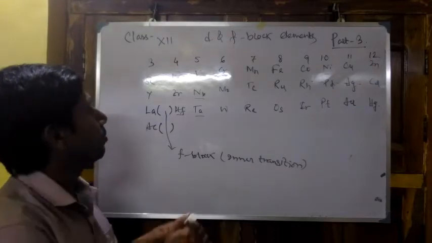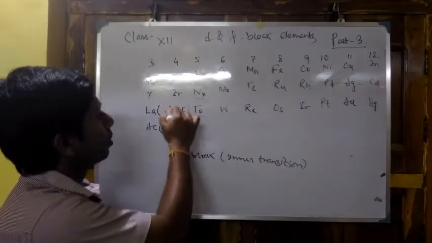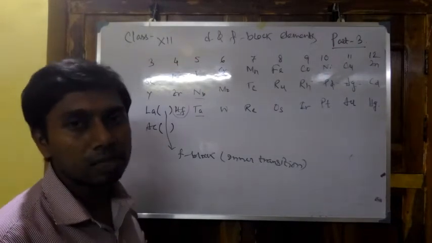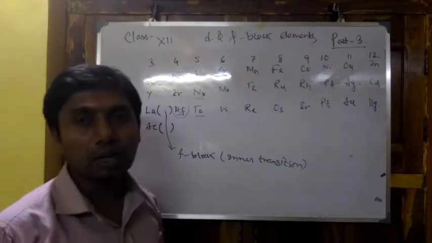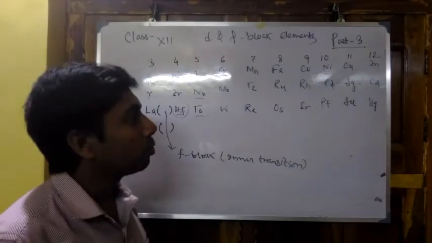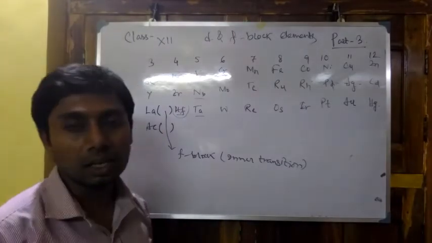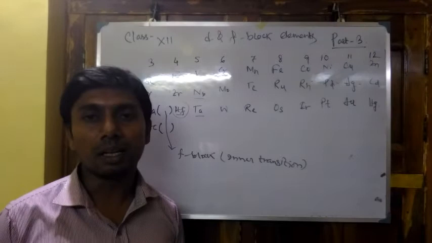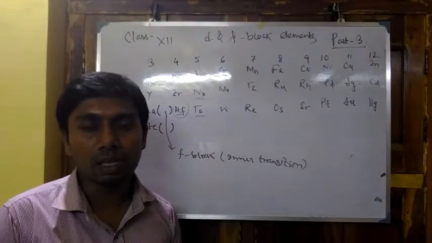Now zirconium and hafnium have the same atomic size. Why the same atomic size? Because of lanthanoid contraction. What is lanthanoid contraction? When we fill up the inner orbitals, the shell number is the same, but the nuclear attractive force increases.